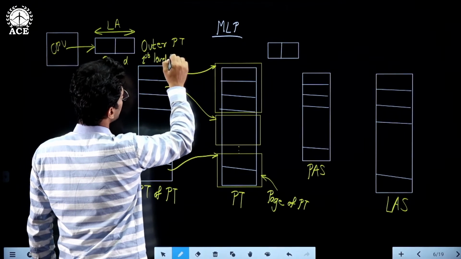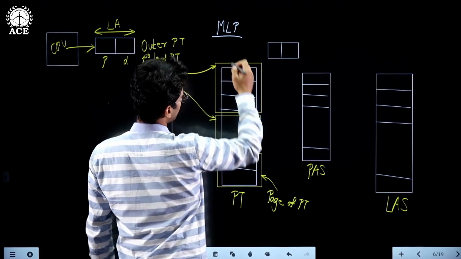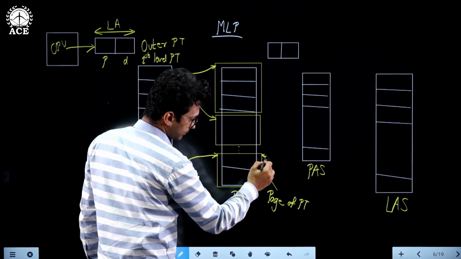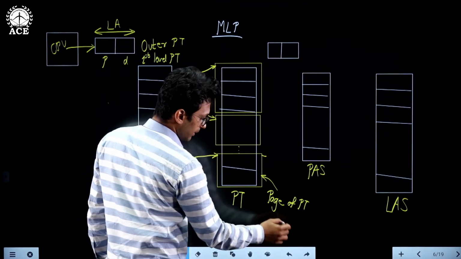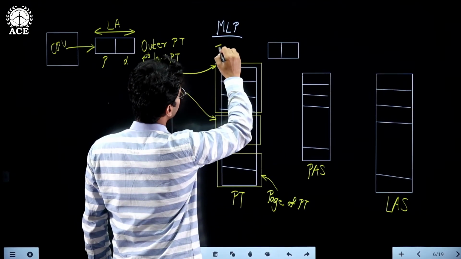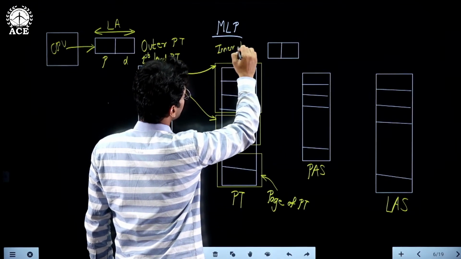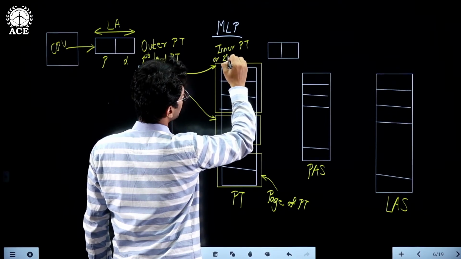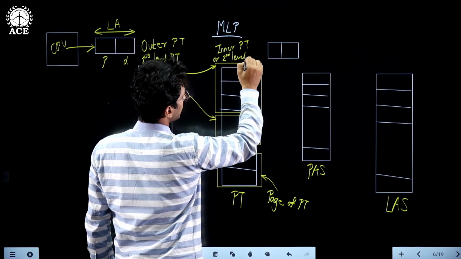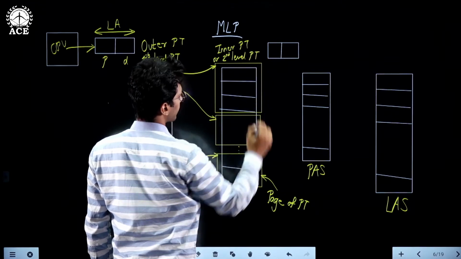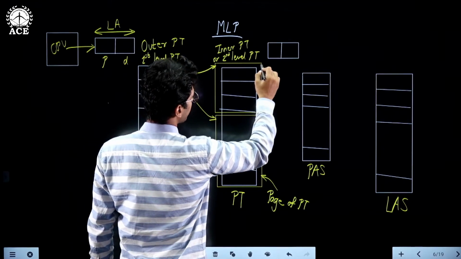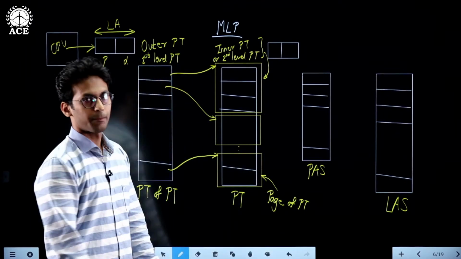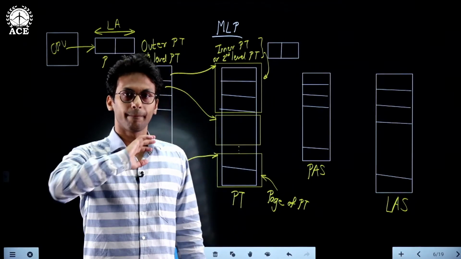This one, the page of page table, is also called the inner page table, or second level page table.